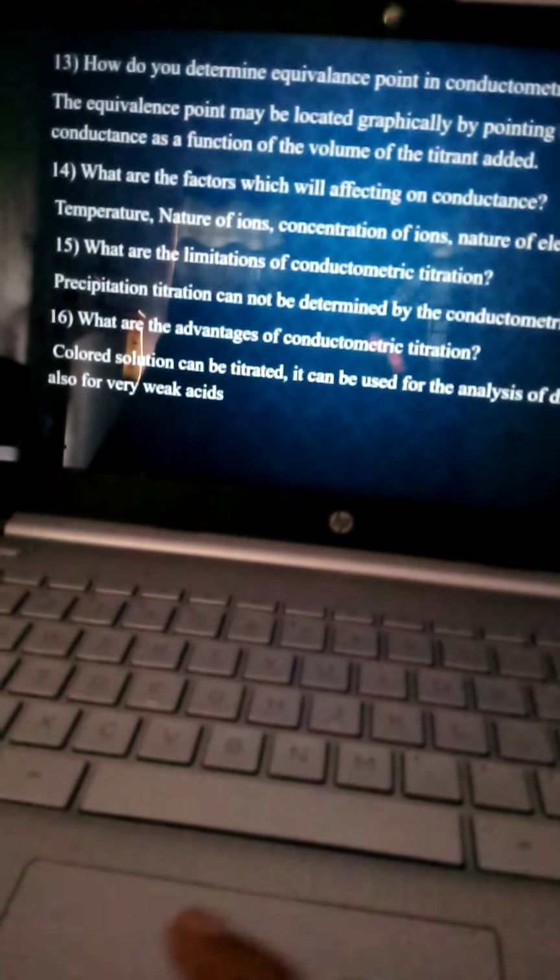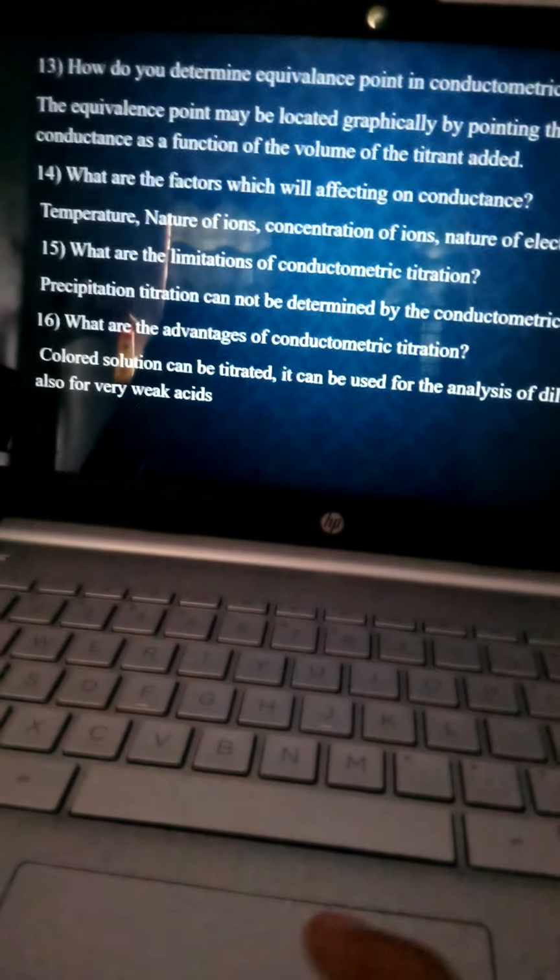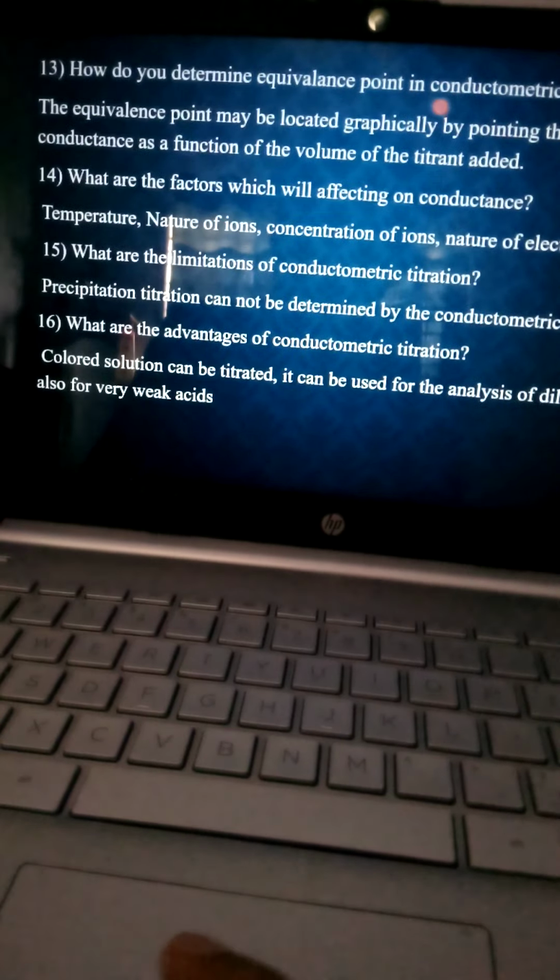Next we will discuss how to determine the equivalence point in a conductometric titration. You plot a graph of the change in conductance as a function of the volume of the titrant added.